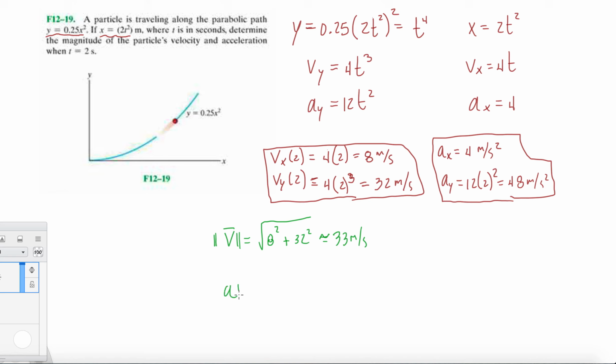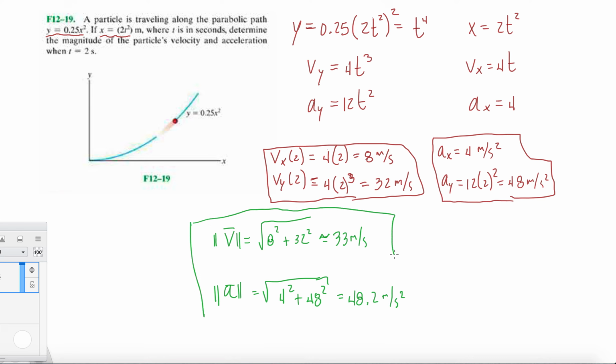And for the acceleration term, you're just cruising at this point. 4 squared plus 48 squared, right? And we get roughly 48.2 meters per second squared. Okay, and yeah, so that's it. We've calculated the velocity and acceleration magnitude at time equals 2 seconds.